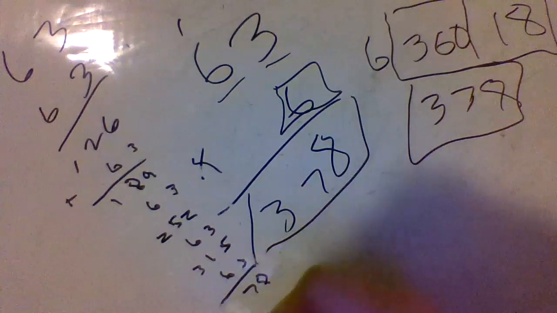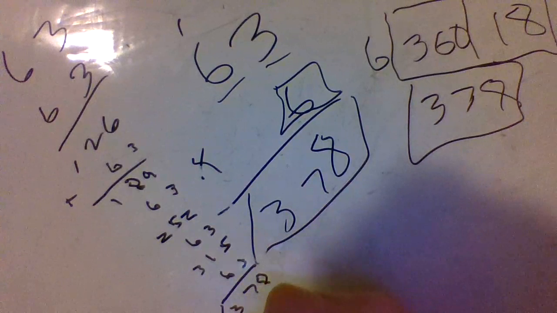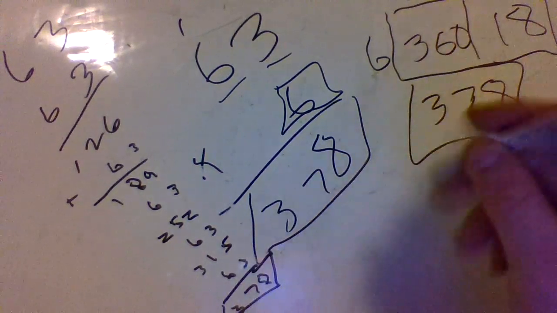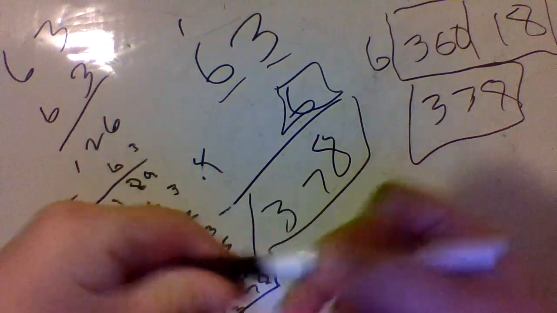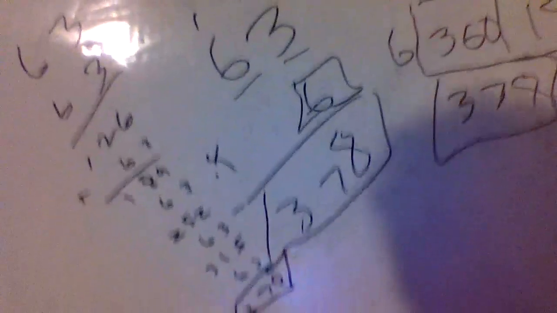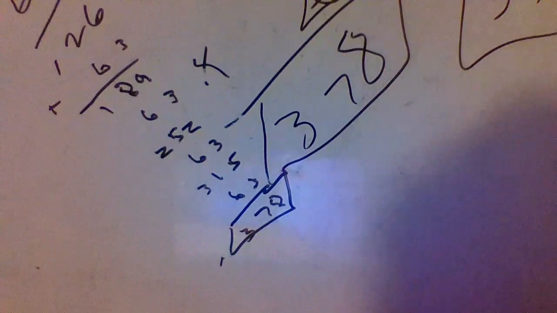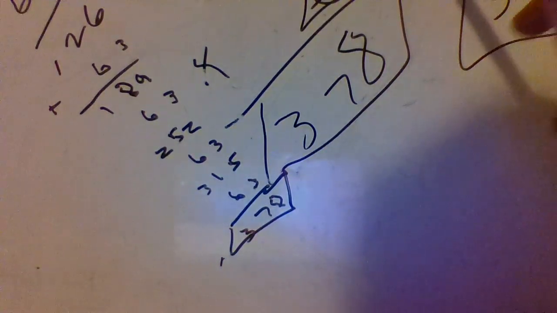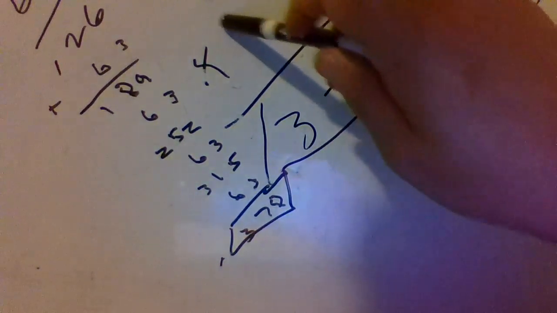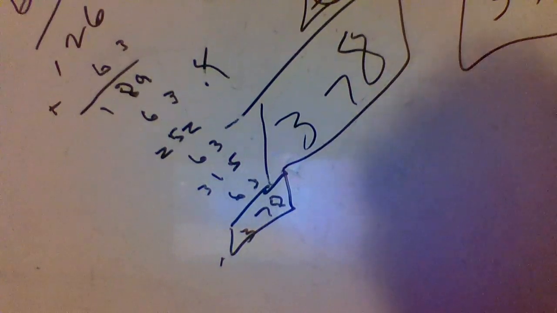So as you can see here, even though it was a little bit tight, because it hurt my arm, we got the same thing. So that's 3 different ways to do the same problem. We've got the box method, the standard algorithm, and repeated addition.